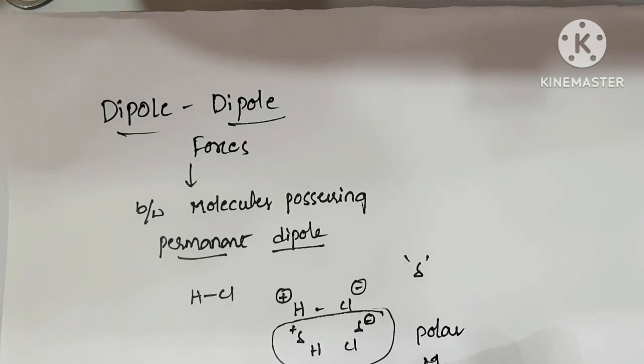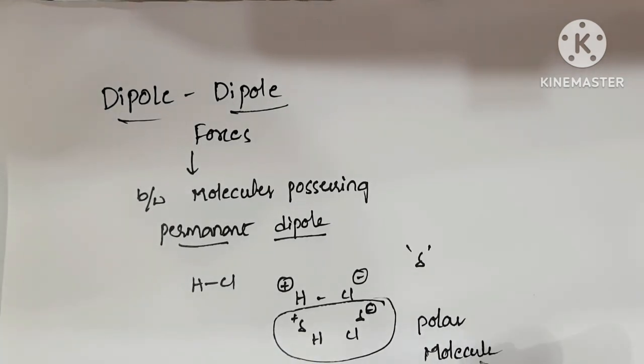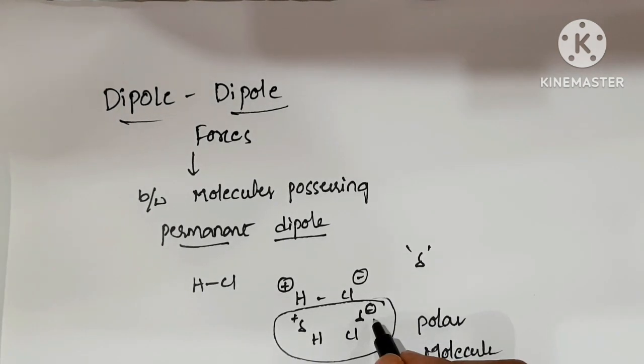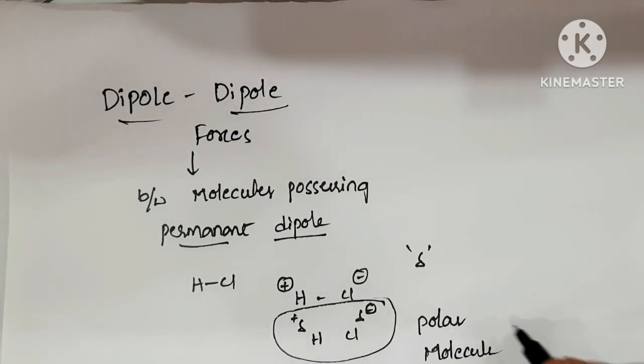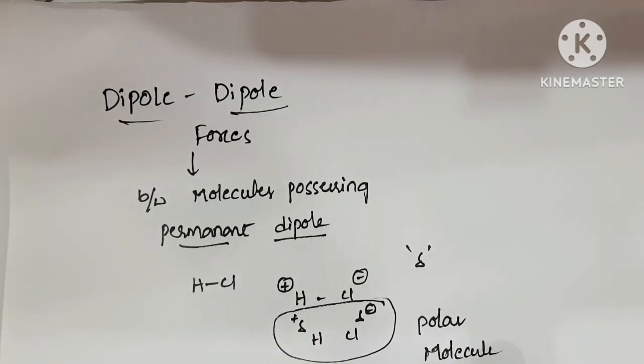Polar molecules have dipoles, that means two poles, a positive pole and a negative pole.